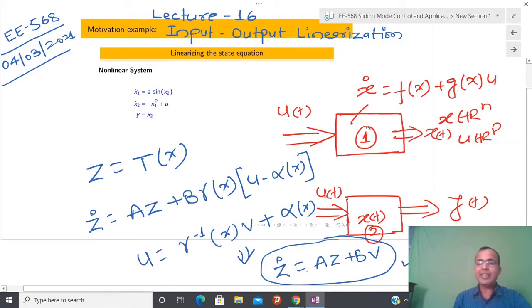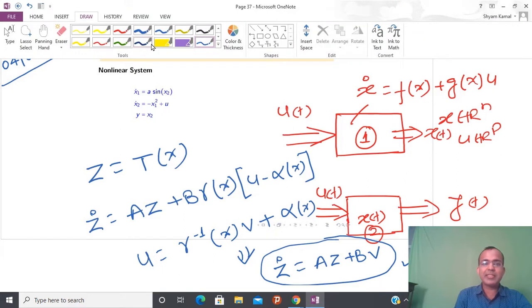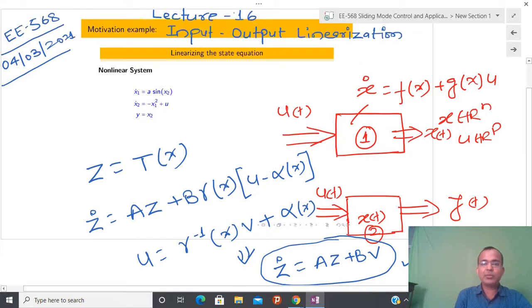Then only can I say that this system, after applying this control u, of the form I have mentioned here, is linearized. So basically the form of control is this. If you apply this kind of control to the system x dot equals f(x) plus g(x) into u, then whatever the closed loop system is, it looks like this, and this is a linear system.